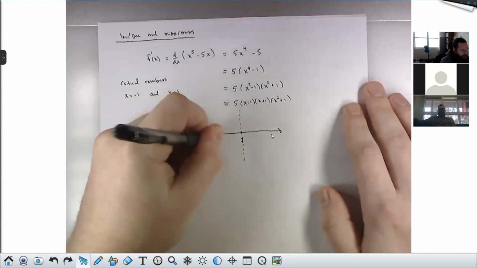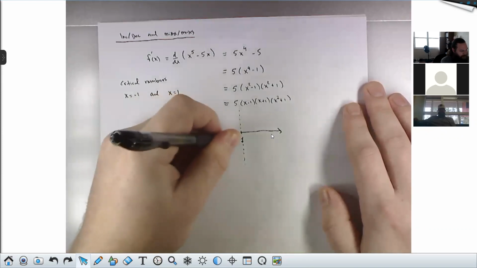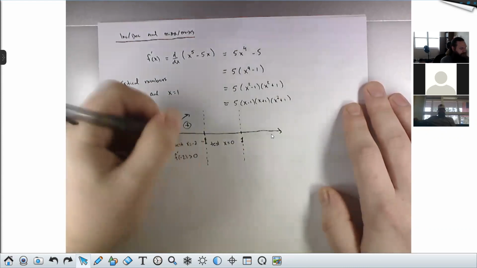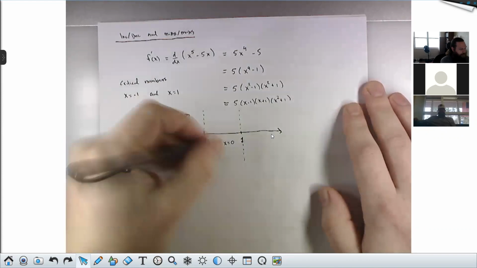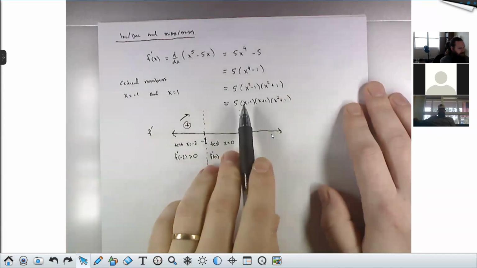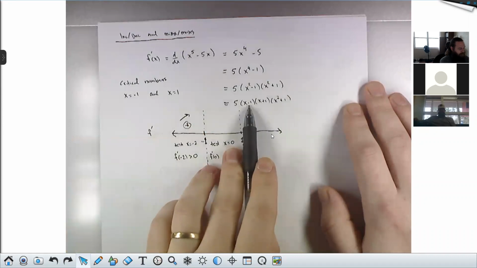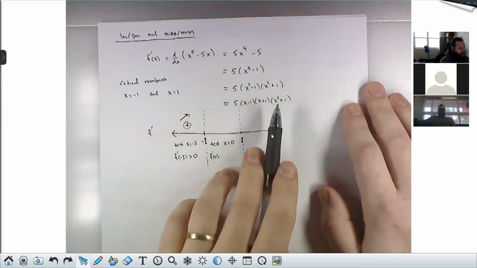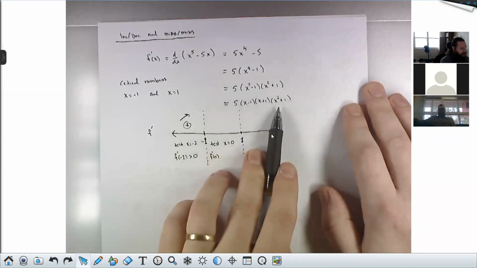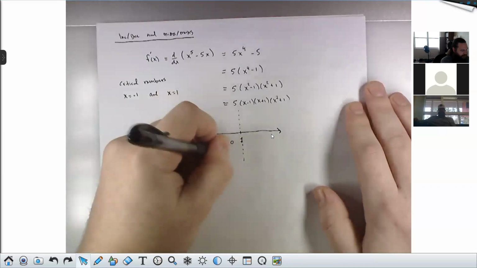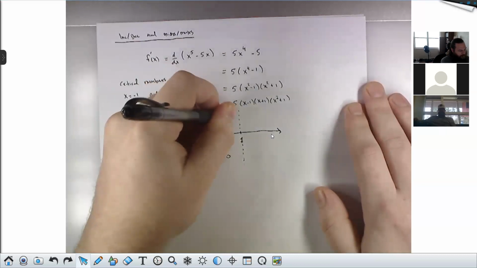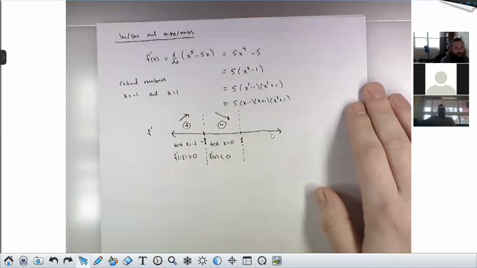Between -1 and 1, I can test x equals 0. So f prime of -2, sorry, we said this is positive. f prime of 0, if I plug 0 in here, I'll have 5 times 0 minus 1 times 0 plus 1 times 0 plus 1. That's 5 times -1 times 1 times 1. That's -5. This is definitely negative, which means my function between -1 and +1 is a decreasing function.